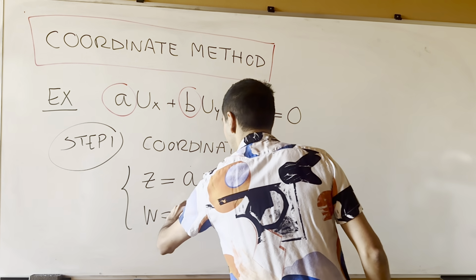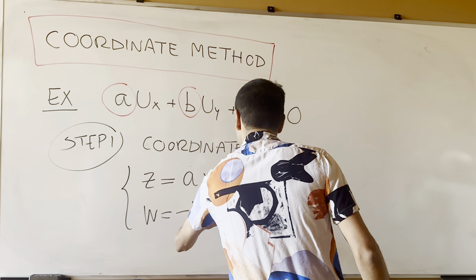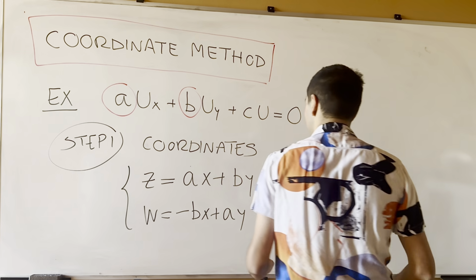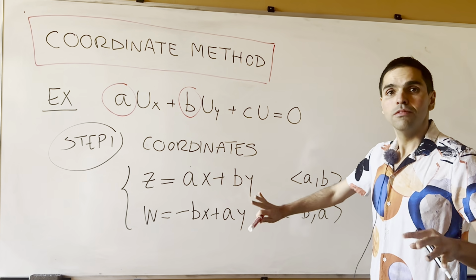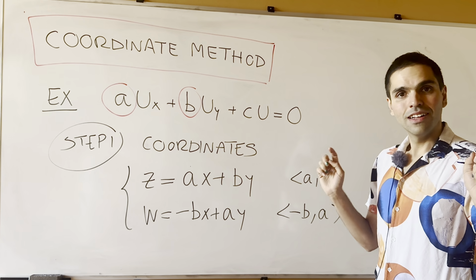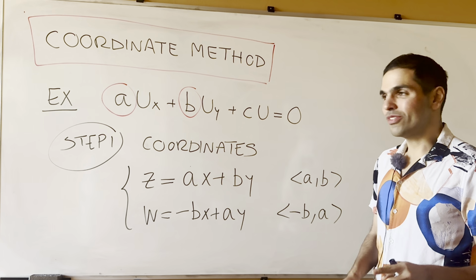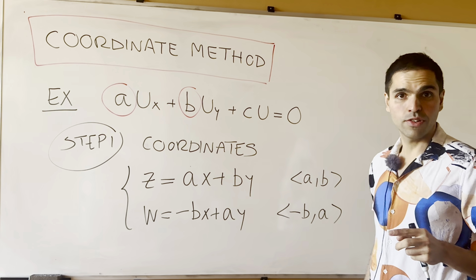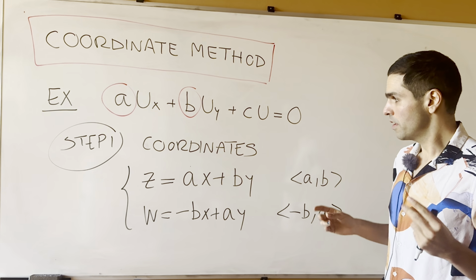And so we get -BX + AY. But again, there are many other choices possible here. And the next step is to write U_X and U_Y in terms of Z and W.